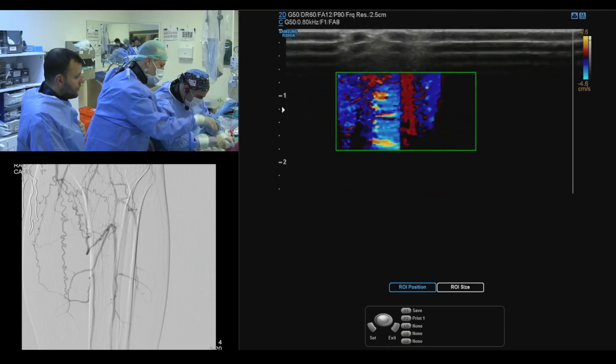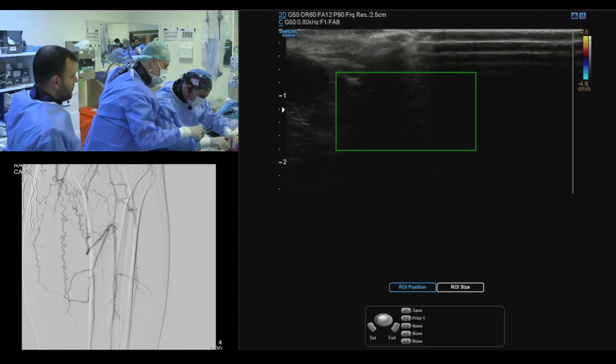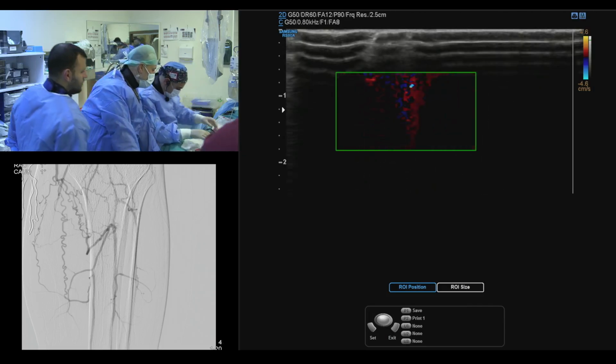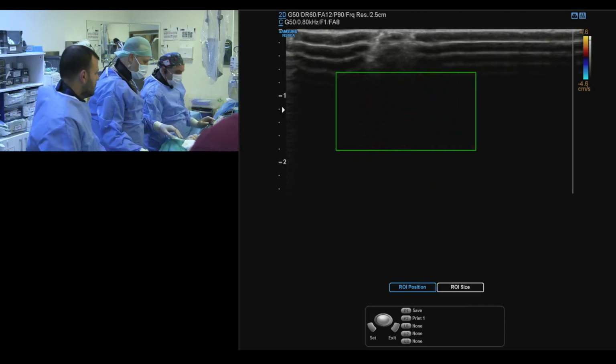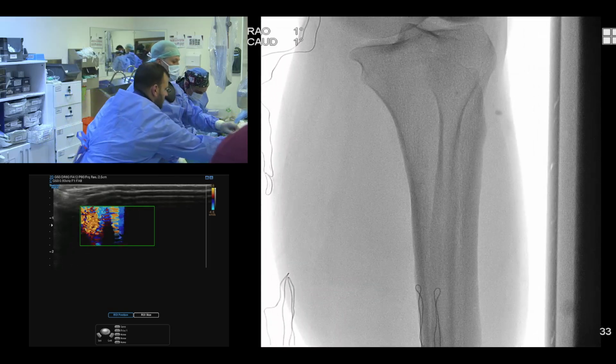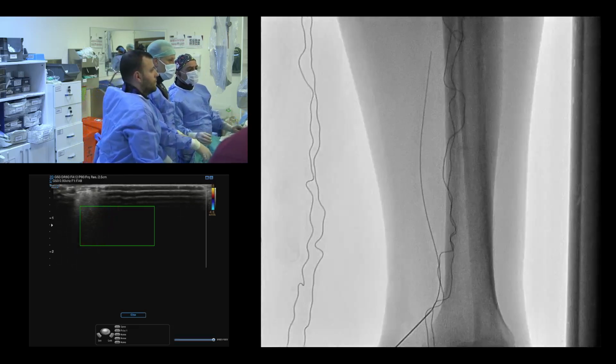Perfect. It's okay. We did contrast-guided puncture of the posterior tibial artery.